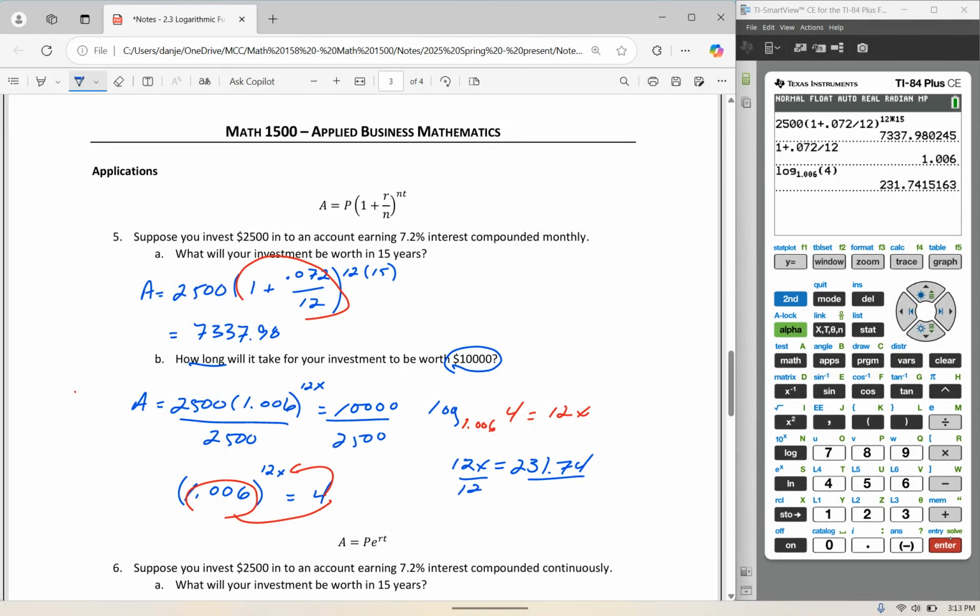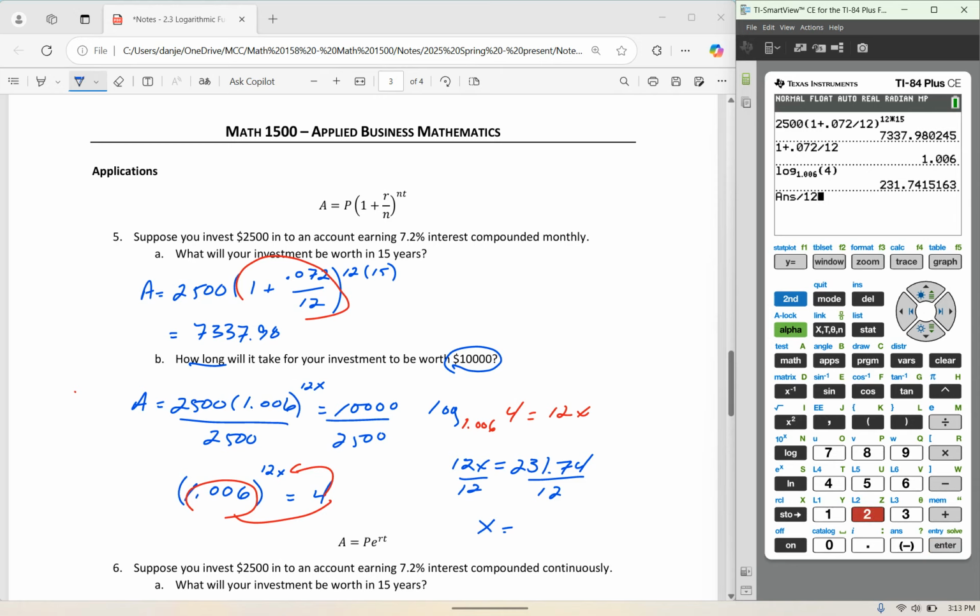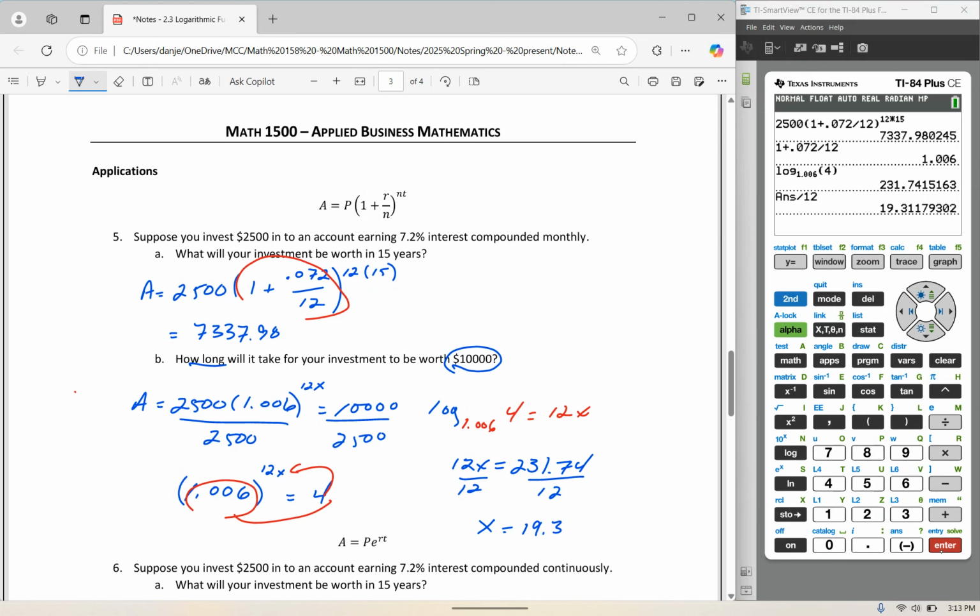Now I'm going to divide both sides by 12. X will equal 231.74 divided by 12. It will take 19.3 years for my $2,500 investment to be worth $10,000.